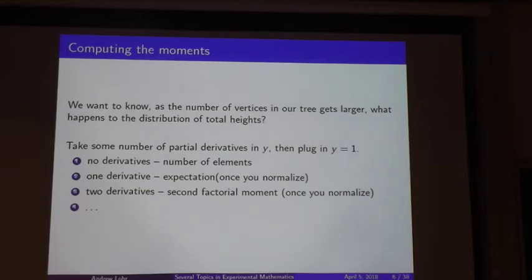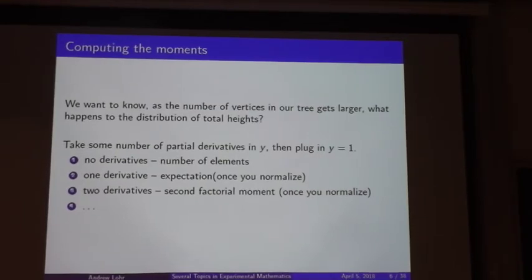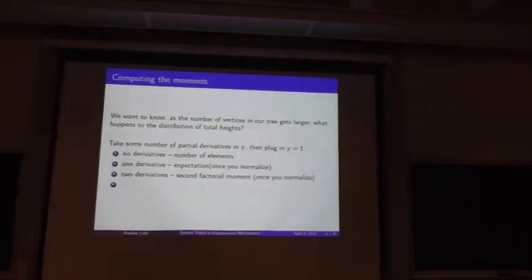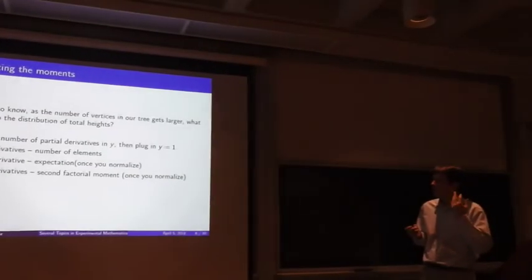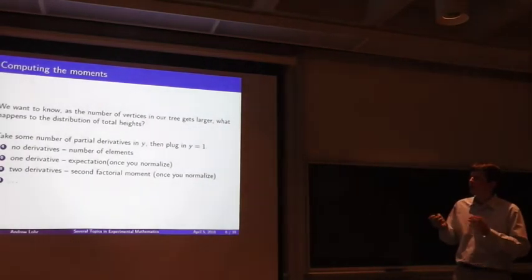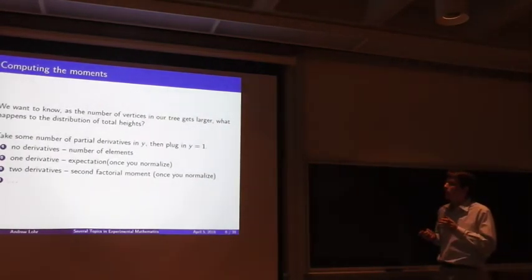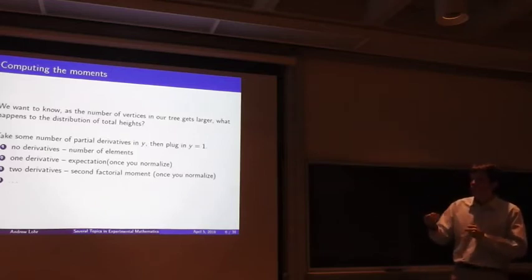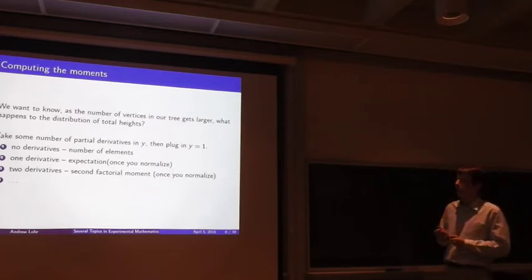By doing the algebra, which we're not really showing here, we're going to be able to find an expression for the nth moment of the total height, so the nth partial derivative with respect to y, in terms of the derivatives with respect to x of the (n minus first) partial derivative with respect to y.